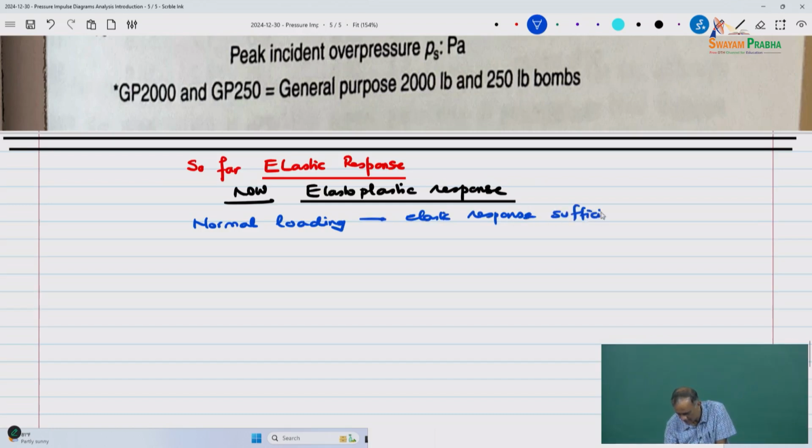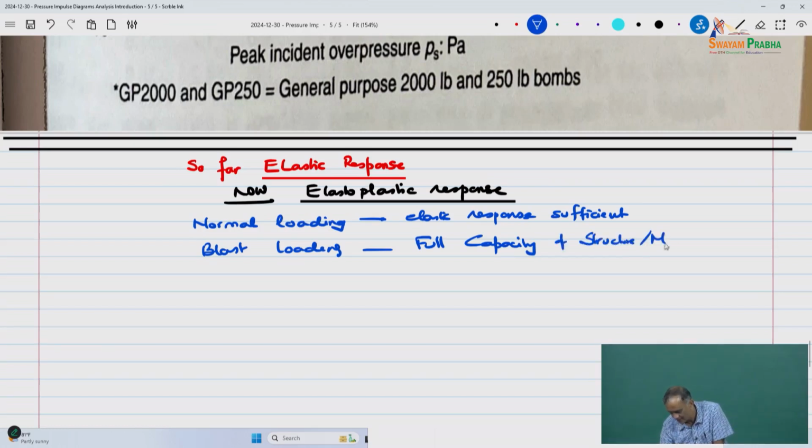However, when you consider blast loading, the full capacity of the structure material is called upon to act.